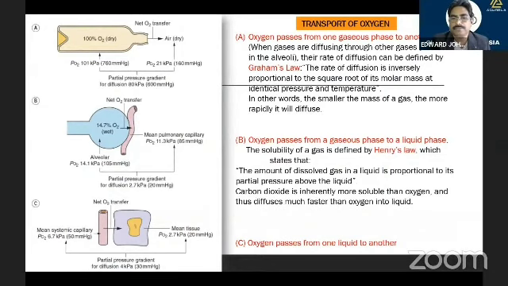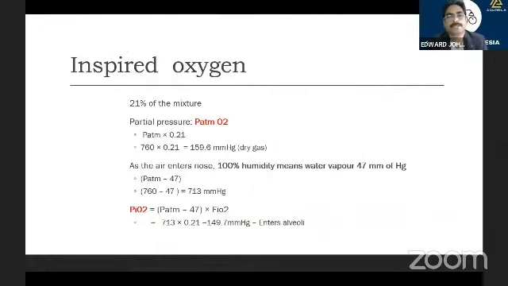Then the oxygen passes from one liquid to another, that is, from the plasma to the tissue cytoplasm, from one liquid form to another liquid form. Inspired oxygen: the atmospheric air, that is dry air, contains 21% oxygen. The atmospheric pressure is 760 mm of mercury, and 21% of it comes to around 160 mm of mercury.